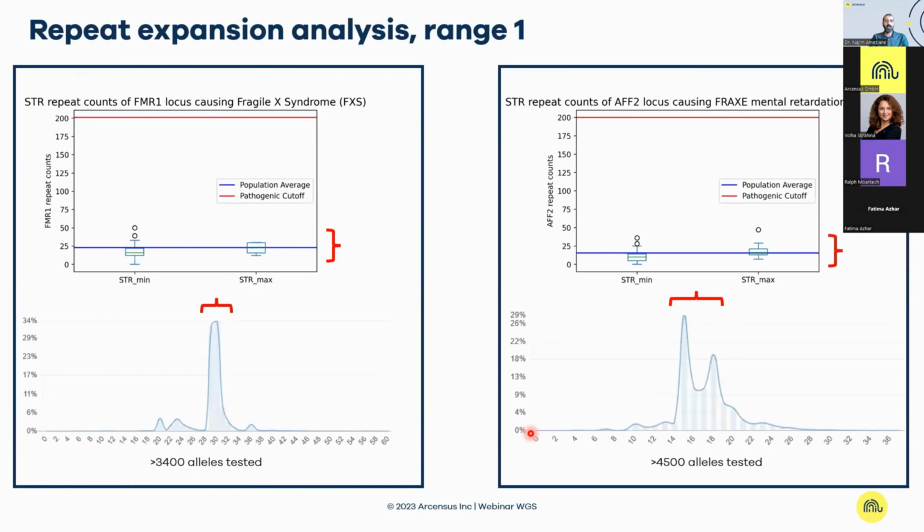So this is an example, actually two examples of two loci. One locus is affecting the FMR1 gene, and the other one is affecting the AFF2 gene. As you can see, these are the data for the two, since we have two copies for the same locus in all the samples. So those two copies were analyzed, obviously, and depicted in this graph.